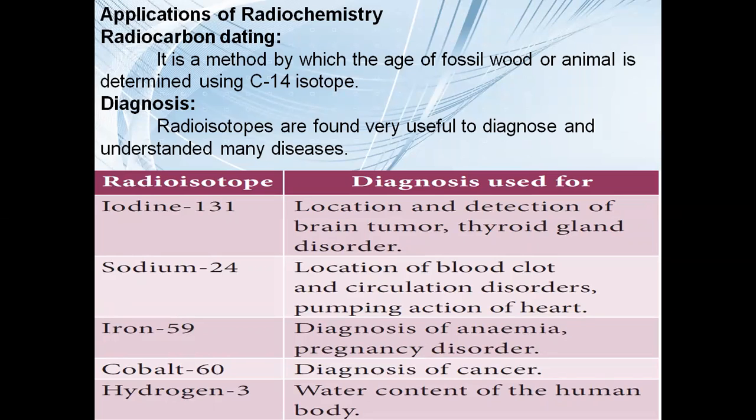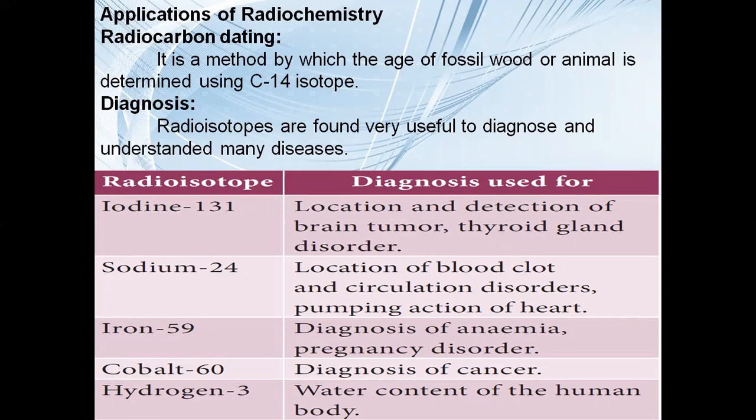Okay, the next one is iron 59, diagnosis of anemia, pregnancy disorder. So anemia means that blood level is low in our body. So this disorder is found out using iron 59. Okay. The next one is pregnancy disorder.